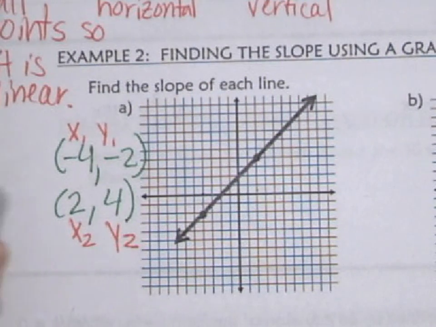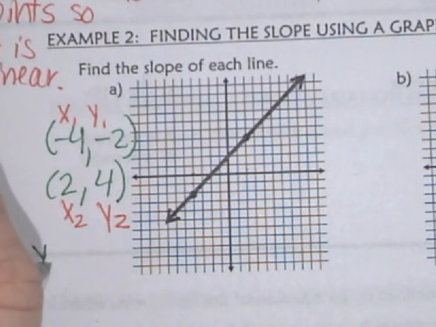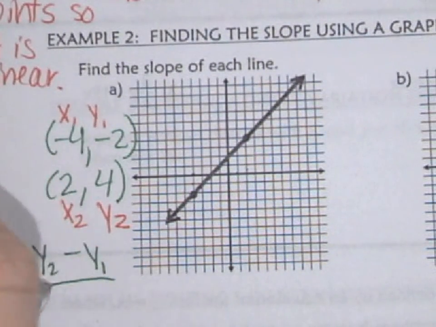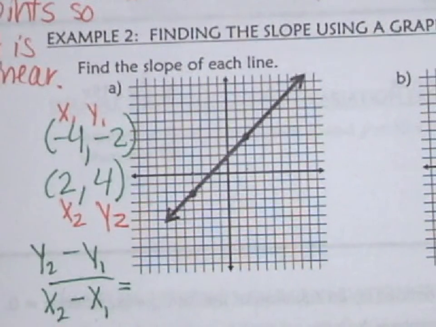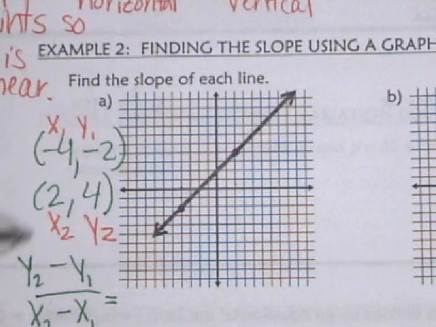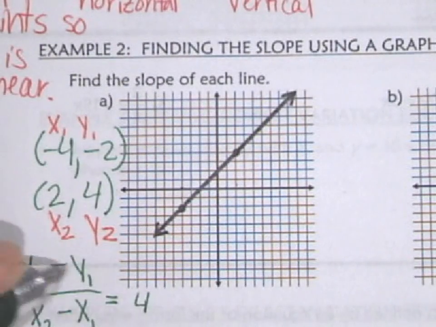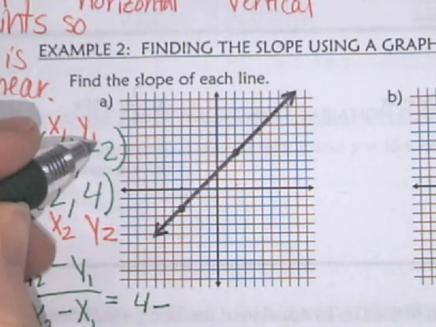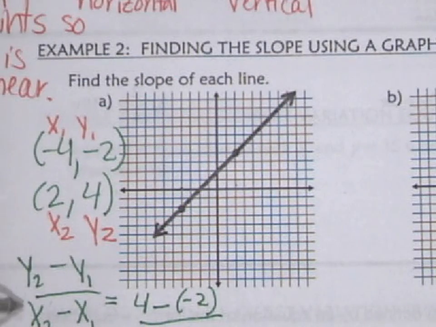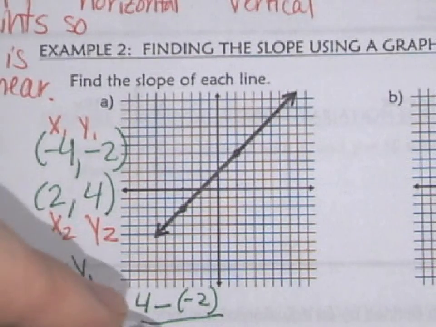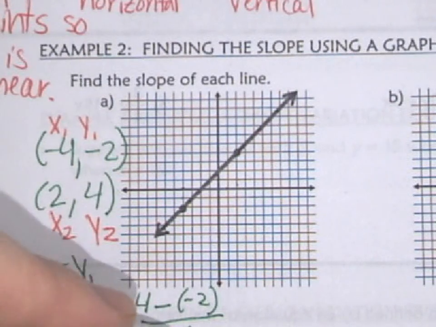So y2 minus y1 over x2 minus x1. So now I'm just going to substitute in my numbers. So instead of y2, I'm going to have a 4 minus y1, which is -2. And I'm going to write a ratio to x2, which is 2, minus -4.